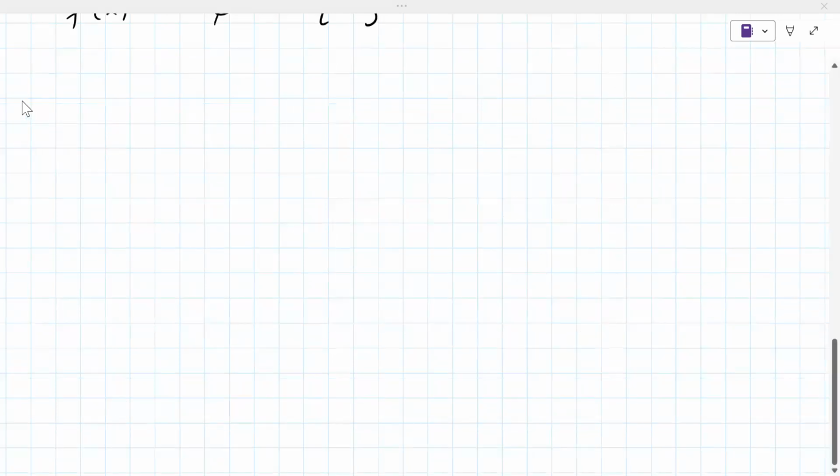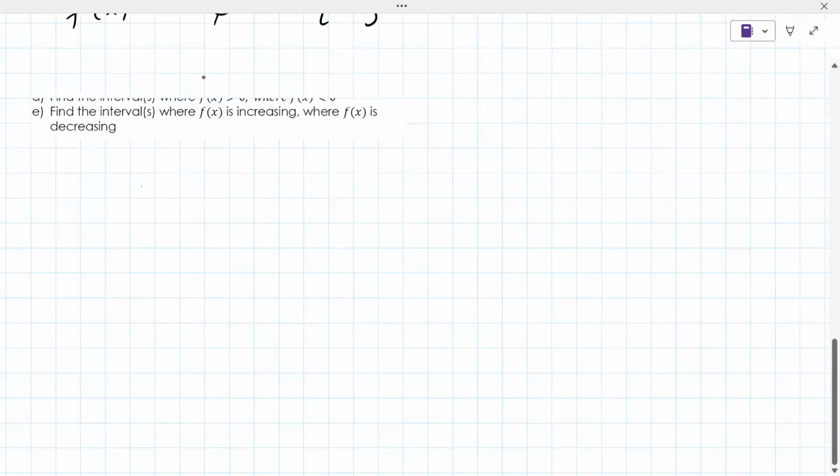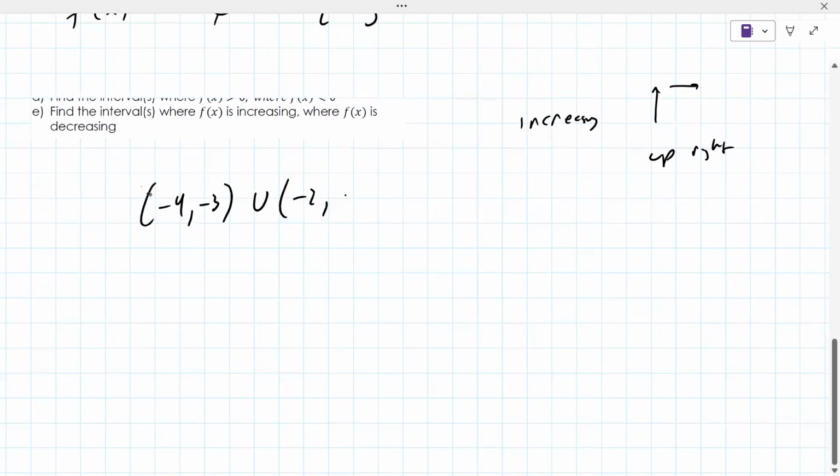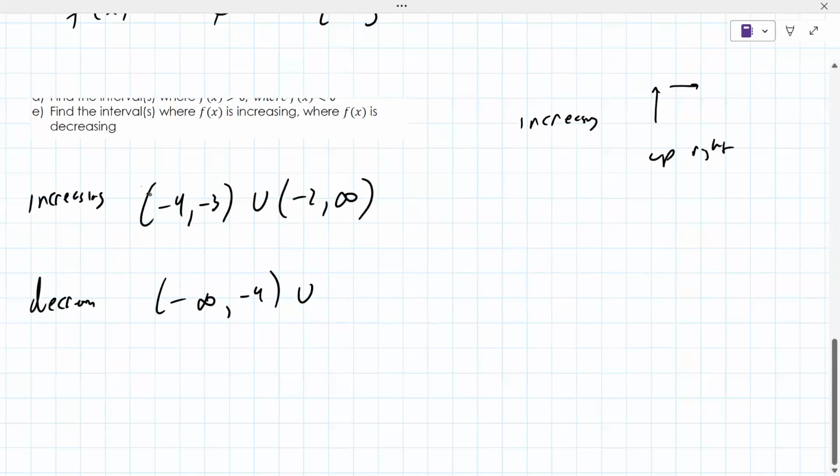So increasing would be from -4 to -3, and -2 to infinity, and you do it left to right. And then decreasing would be negative infinity to -4, and -3 to -2.